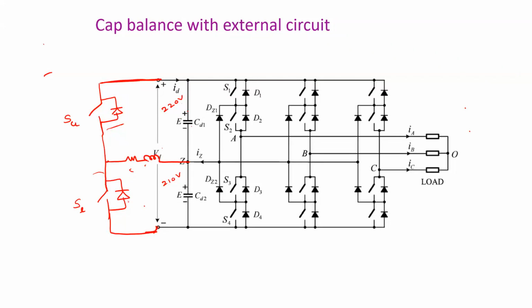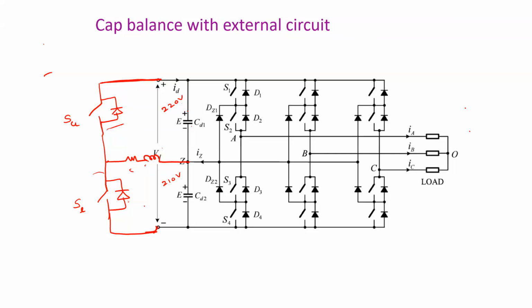So now which switch will you turn on? SU will turn on or SL will turn on? We might connect that to some discharge circuit. We need to connect to some discharge circuit to maintain 200 volts.